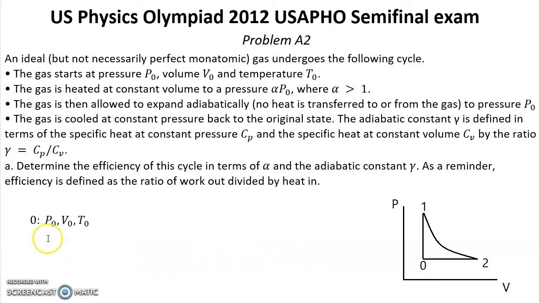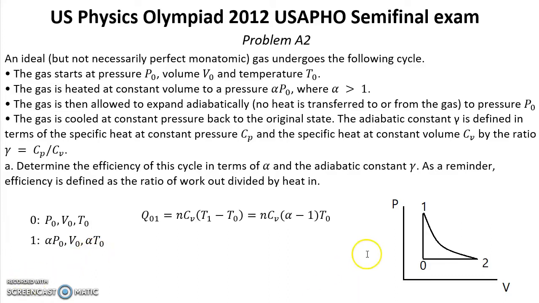In point 0 we have parameters P0, V0, T0. In point 1 we have the same volume V0, but due to proportionality of pressure and temperature for isochoric process, we have pressure alpha P0 and temperature alpha T0.